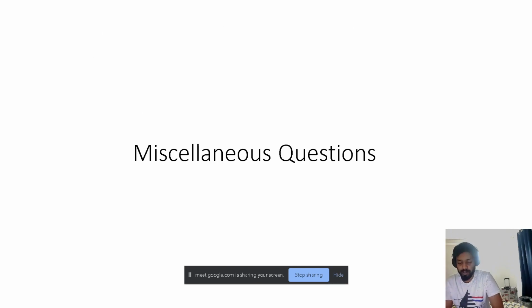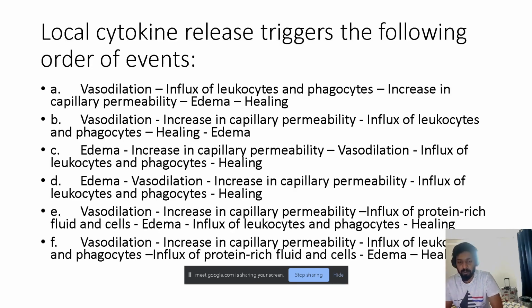Okay, a few other general questions that we've come up with just to give you a better understanding. Local cytokine release triggers the following order of events. Does vasodilation come first, followed by influx of leukocytes and phagocytes, followed by increase in capillary permeability, followed by edema, followed by healing?